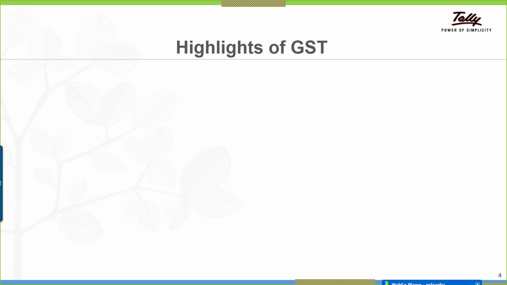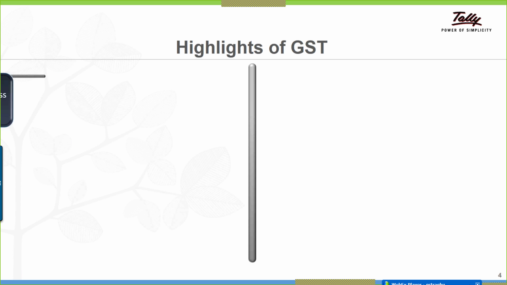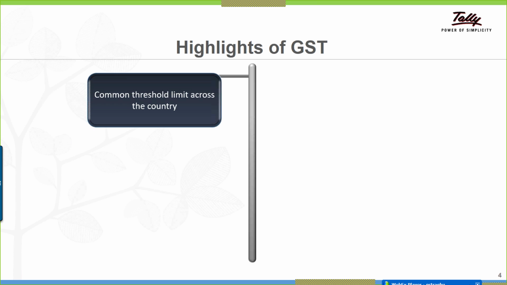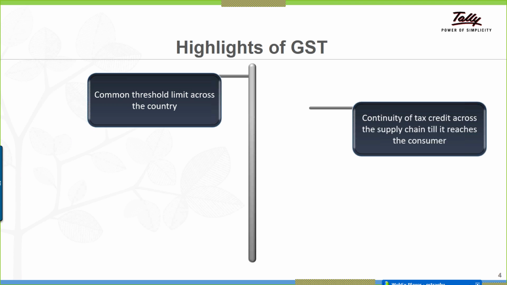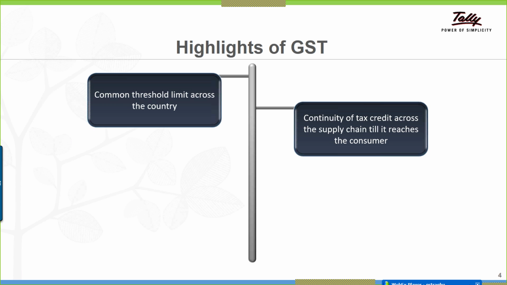So, highlights of GST. The first highlight is a common threshold limit across the country, correct? Threshold limit is nothing but who is supposed to get registered under GST, which is common across the country, and continuity of tax credit across the supply chain till it reaches the consumer. If a product is manufactured and reaches the consumer, however many hands it changes, each and every buyer will get input tax credit.